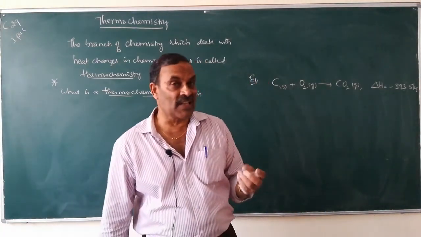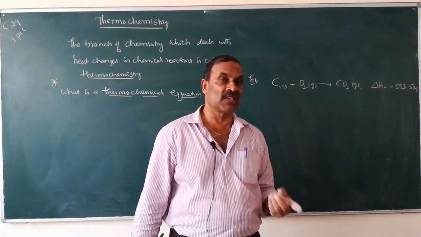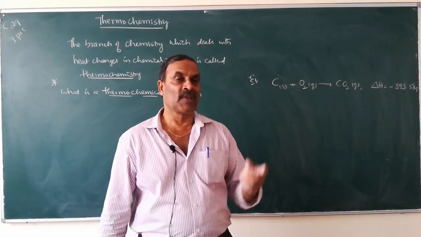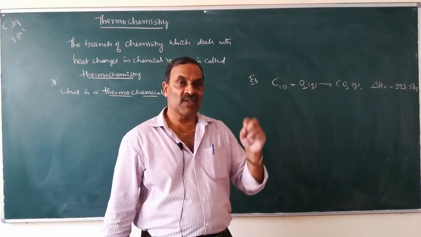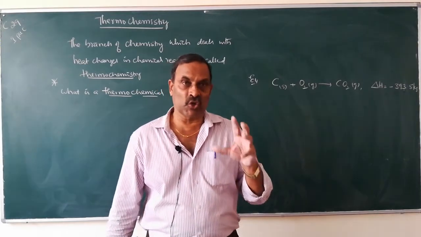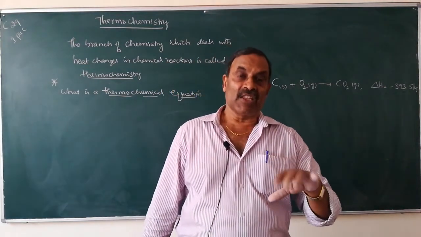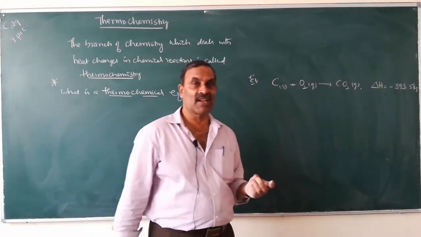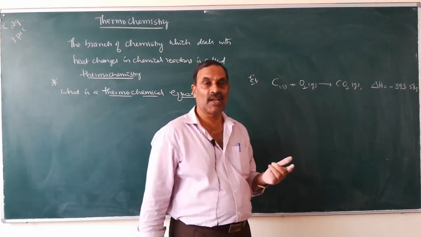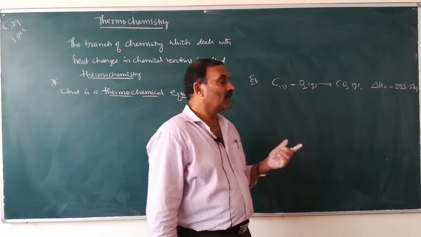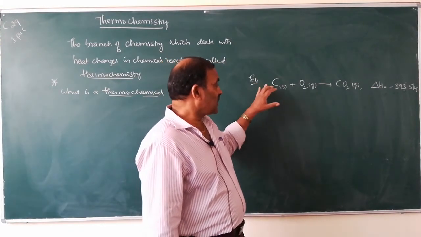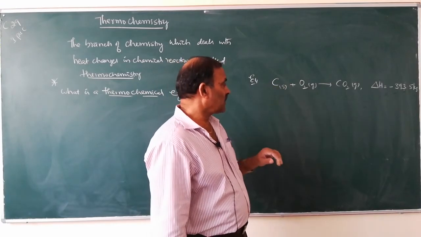If delta H is negative, it is an exothermic reaction. If delta H is positive, it is an endothermic reaction. A chemical equation which shows the enthalpy changes and also the physical states of reactants and products is called a thermochemical equation.